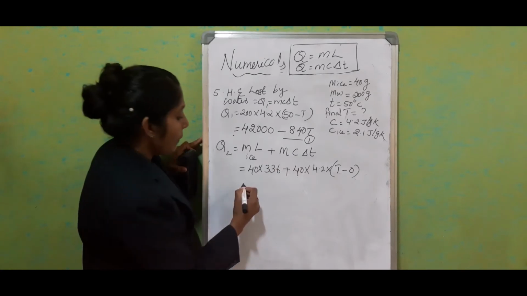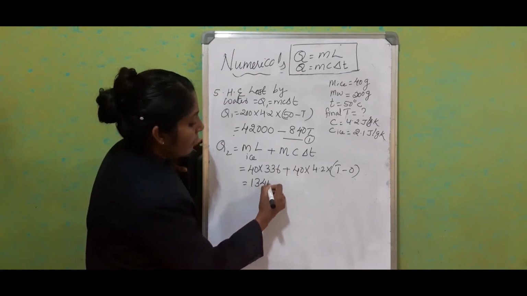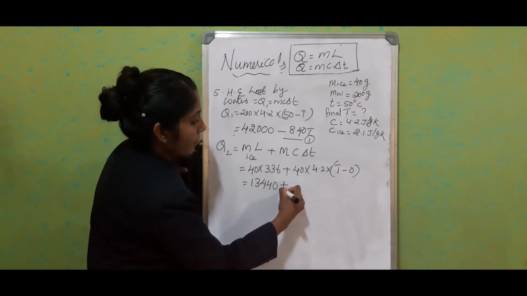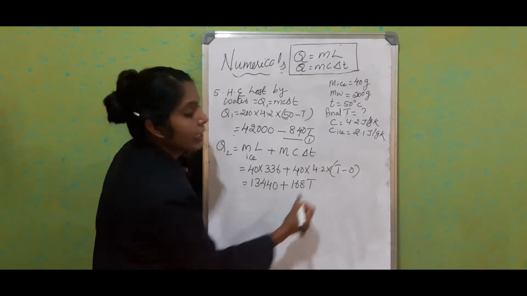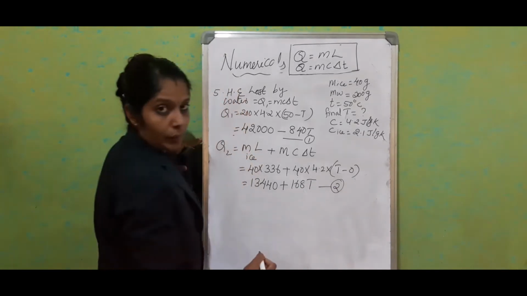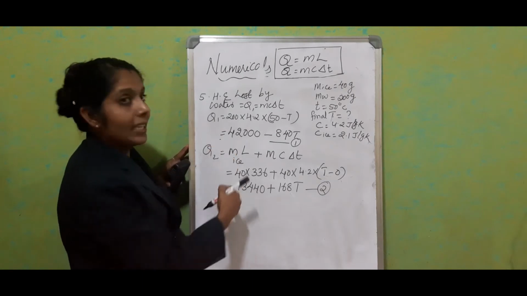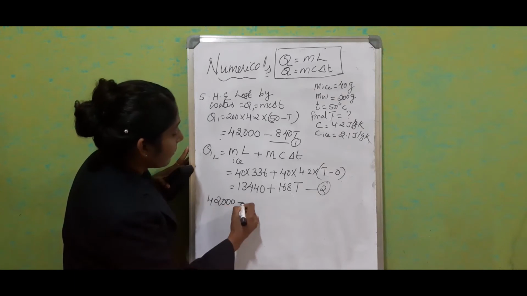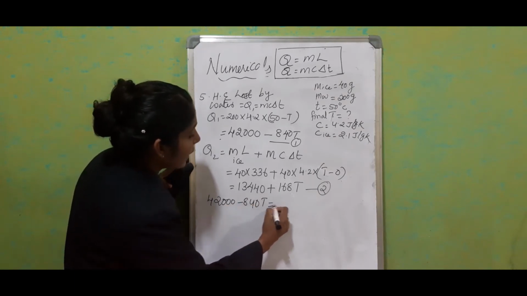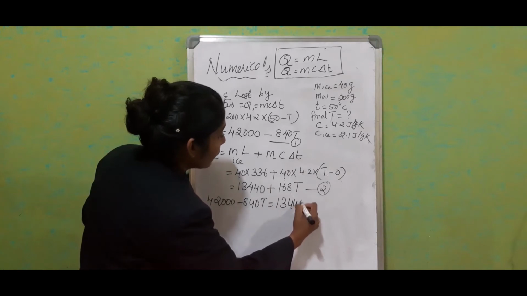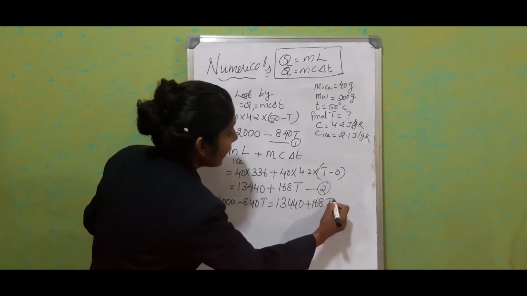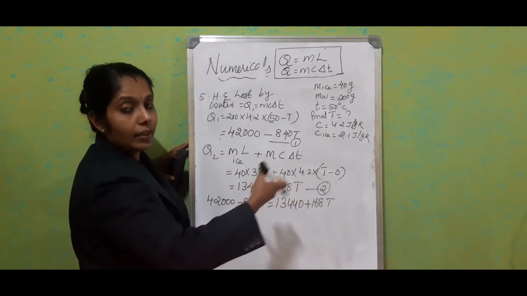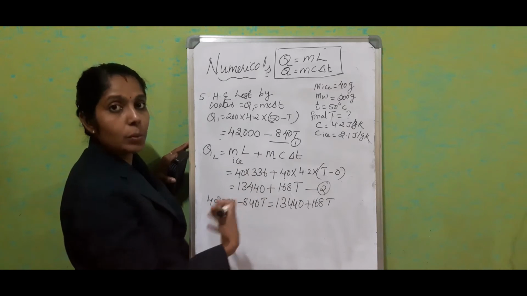When we open this, we will get 13,440 plus 168 T. Consider this as the second equation. Now we'll equalize Q1 and Q2. So 42,000 minus 840 T is equal to 13,440 plus 168 T. In both sides we have the unknown T. We will keep it on one side and rearrange the rest.